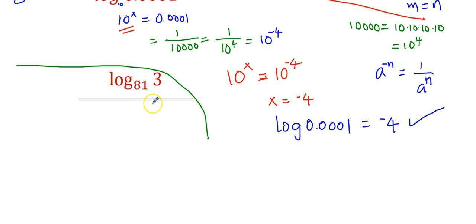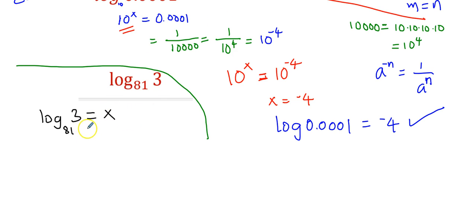Now the third example we have here. What is the value of log base 81 of 3? Follow the same process. Let us assume log base 81 of 3 is equal to x.